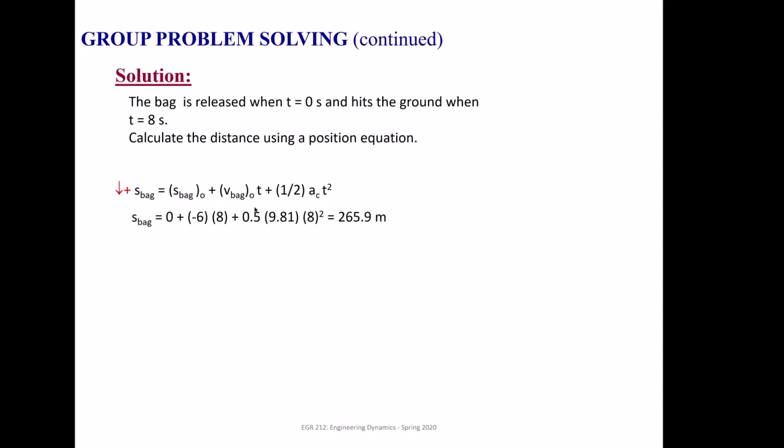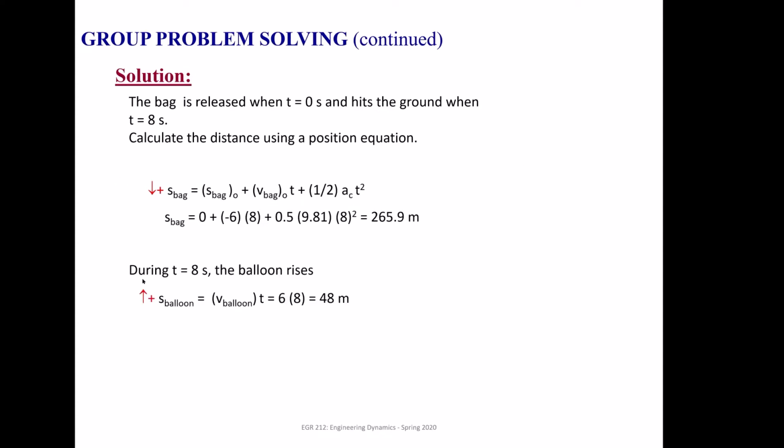And then the second part of it is just 1/2 times gravitational acceleration. Notice the positive because it's going down, same direction as our motion. And then t is 8, so you just square that. So we've now determined how high the sandbag was when it was released from the balloon.